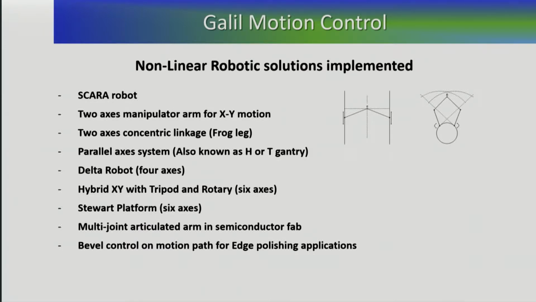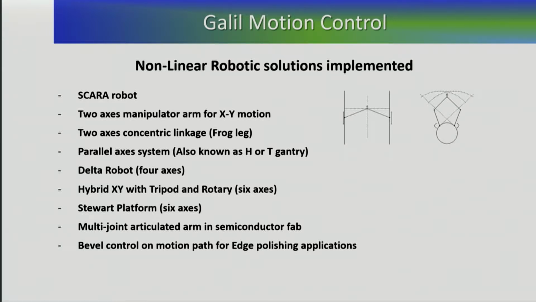One of the most common ones used in the industry is a SCARA robot. SCARA typically has a shoulder, an elbow, a wrist for the orientation, and then a vertical axis, which is your Z axis. So you have 4 axes: shoulder, elbow, wrist, and the vertical.